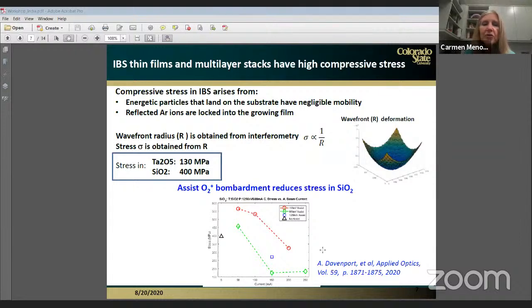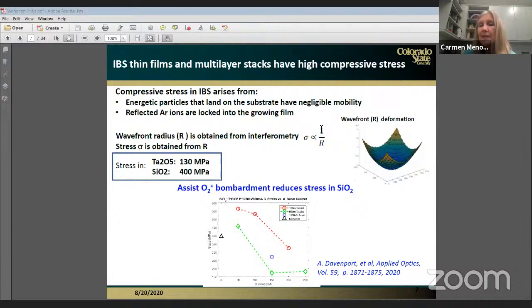So we measure the stress of the films using interferometry. And what you see here are results of interferometry in some of the coatings that we grow. This is, for example, in tantalum pentoxide, we measure 130 megapascals. In silicon dioxide, we measure 400 megapascals.